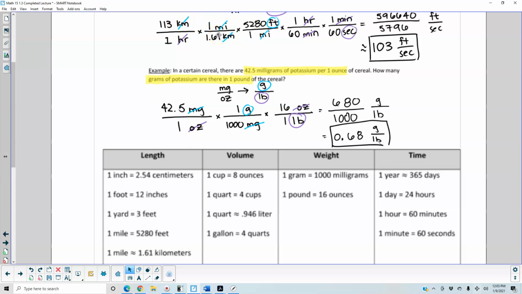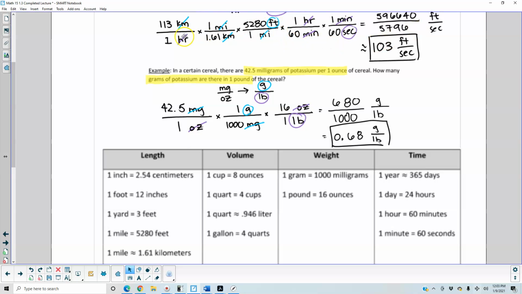Next, we want to get rid of the miles units. So we know that 1 mile is equal to 5,280 feet. So in the numerator, we have 5,280 feet over 1 mile. So we got rid of our miles, and if you notice here, we already have our unit for feet, which is what we want to end up with.